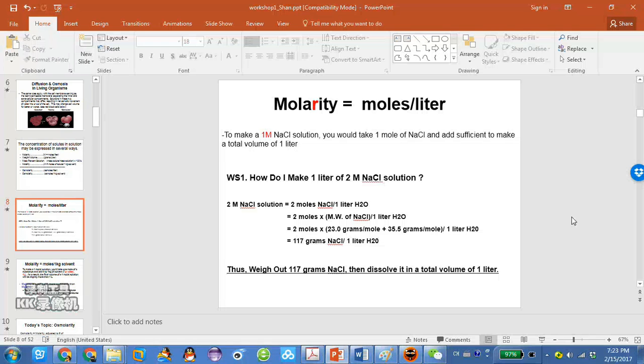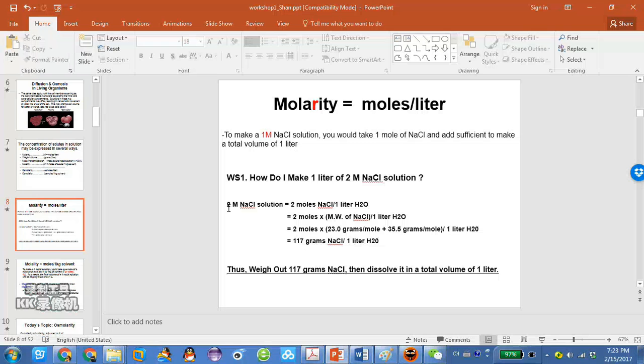So in this question, the volume of the solution is already given as 1 liter. So the only information we need to find out is the weight of NaCl in grams needed to make the solution. Okay, so here I give you a calculation process.